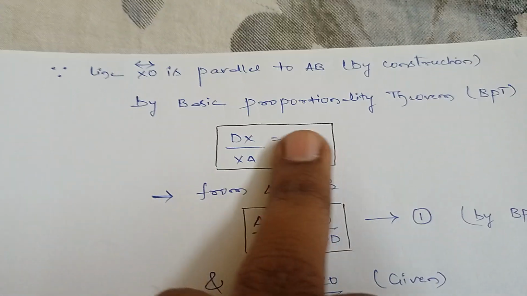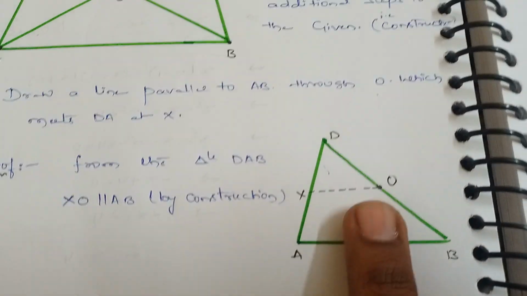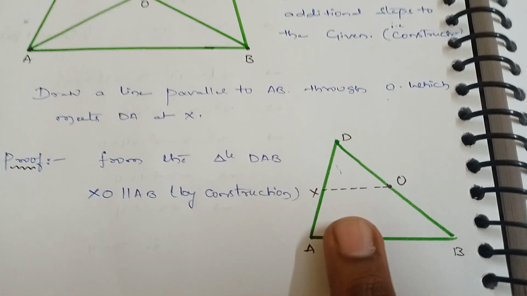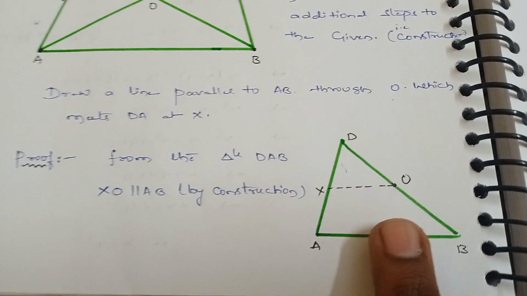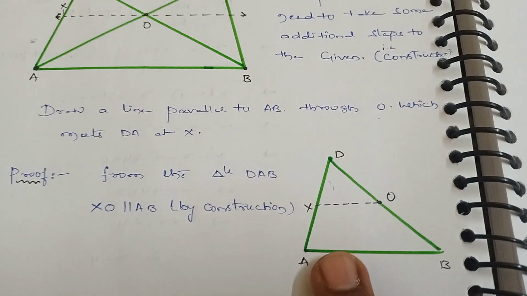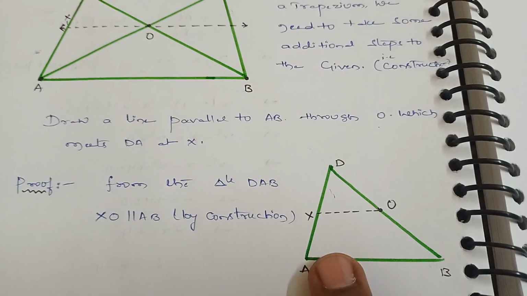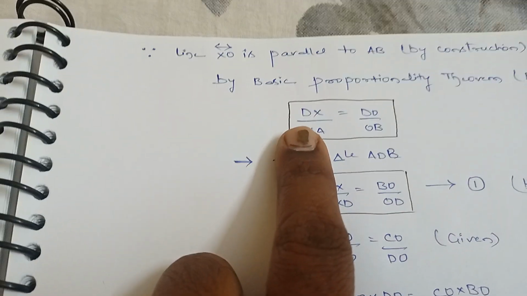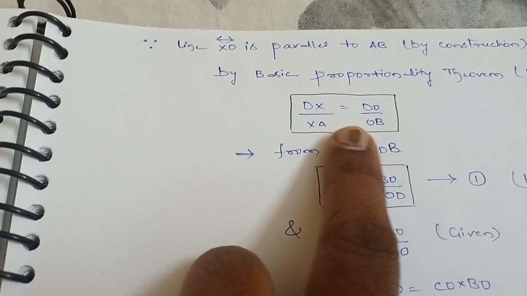By the basic proportionality theorem: if a line is parallel to one side of a triangle, then it divides the other two sides in the same ratio. That is the BPT. So if line XO is parallel to AB, then DX by XA equals DO by OB.